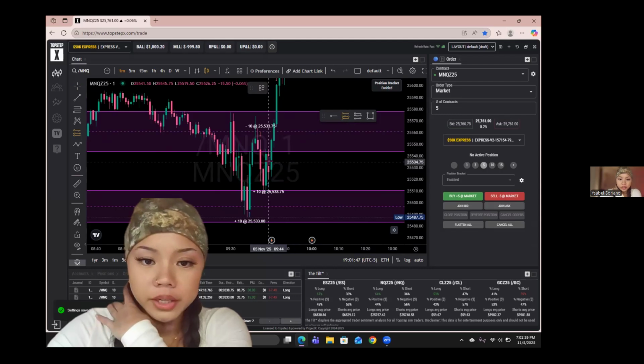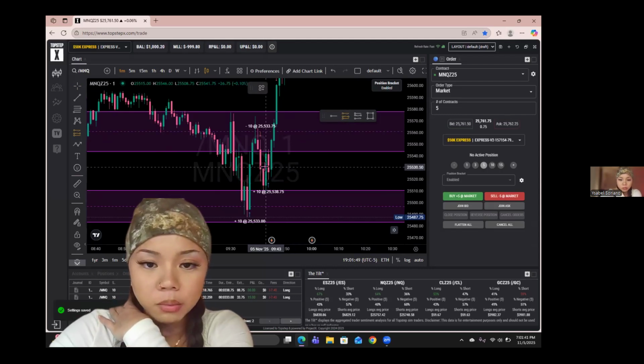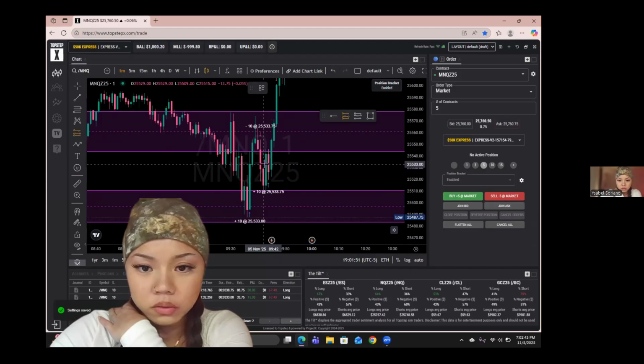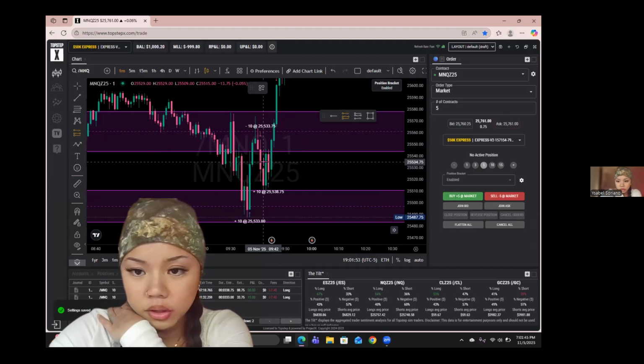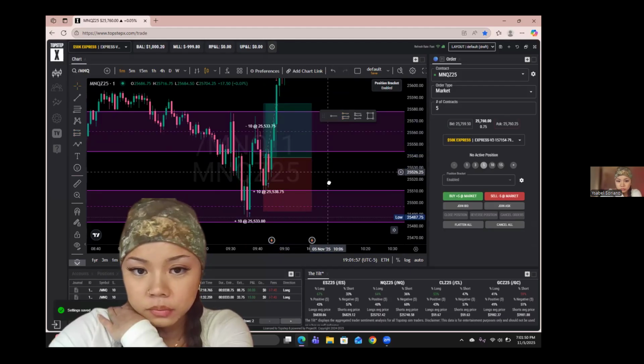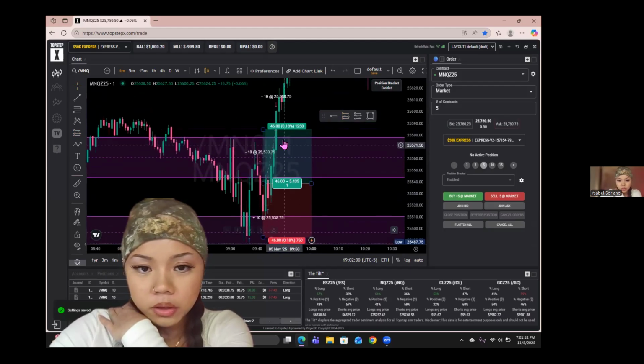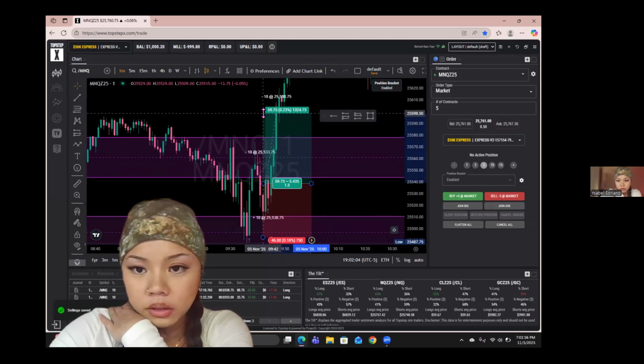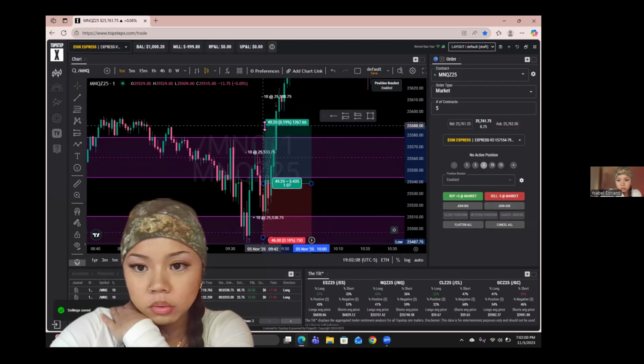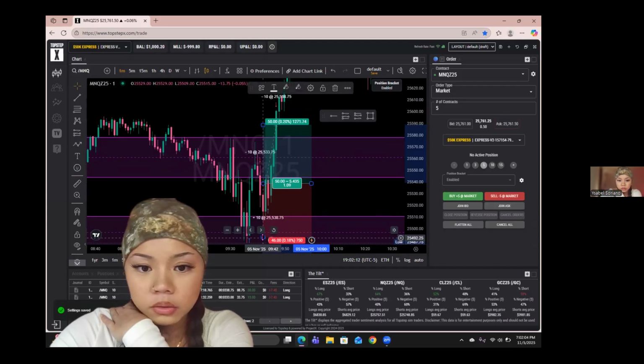It's a little bit above my original entry, which is 538.75. We had good volume there, and then my TP is 2588.75.